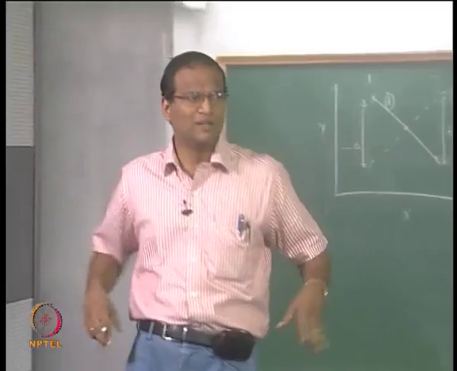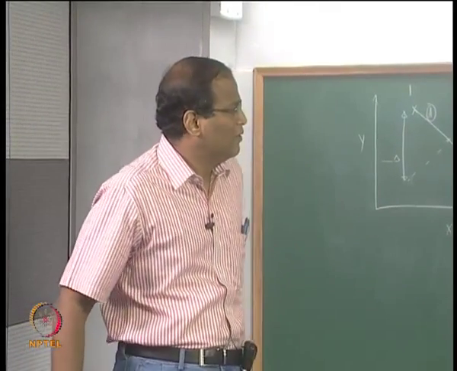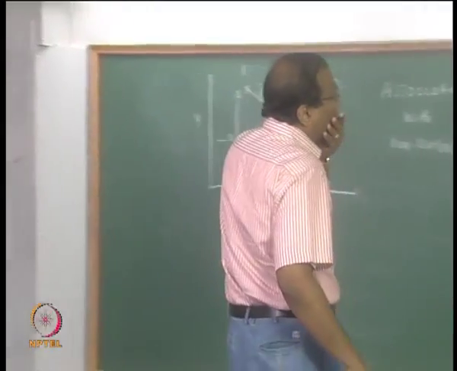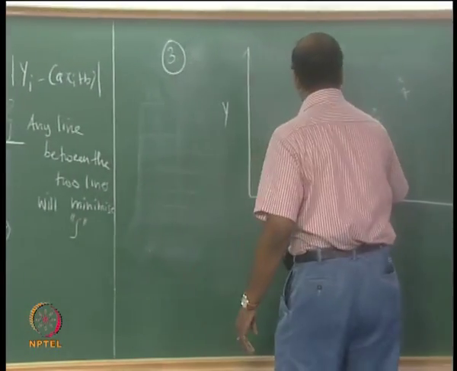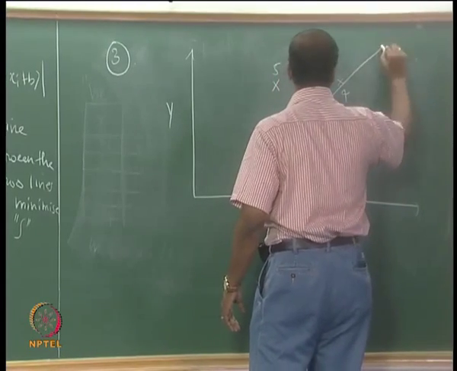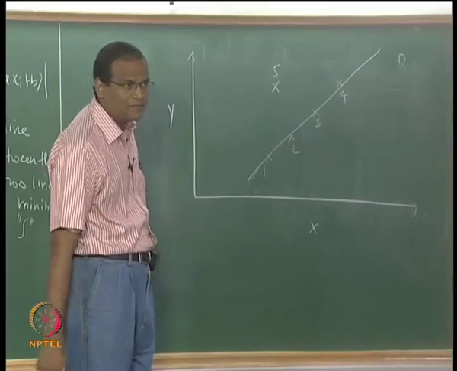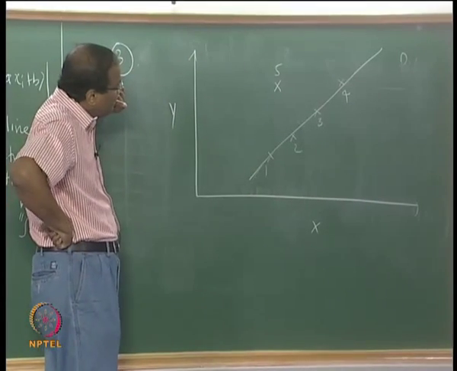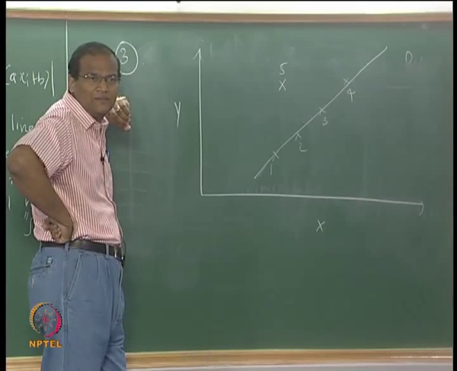I also measured some thermocouple, it came. Common sense tells me that this should be the line, right? This should be the actual line, but I am not caring about 5 if I do that.